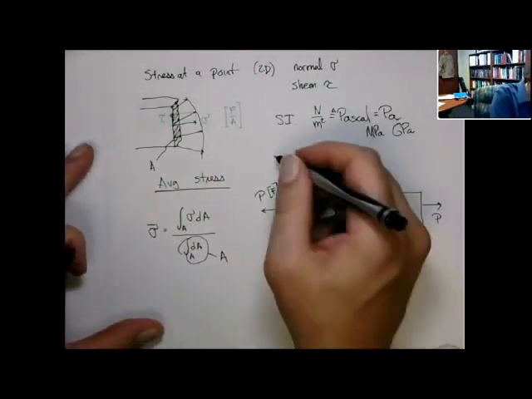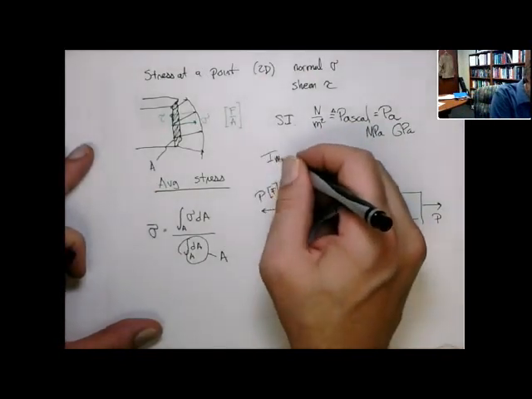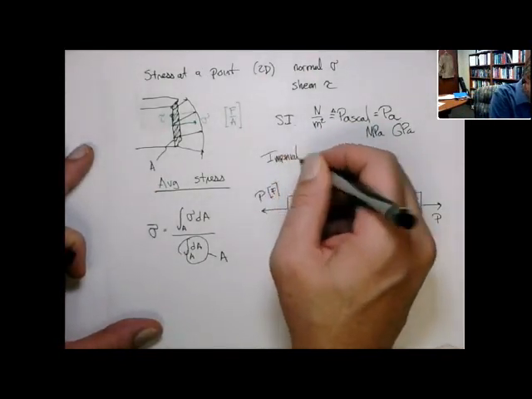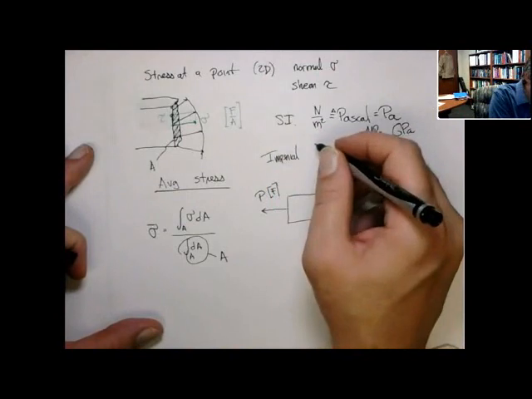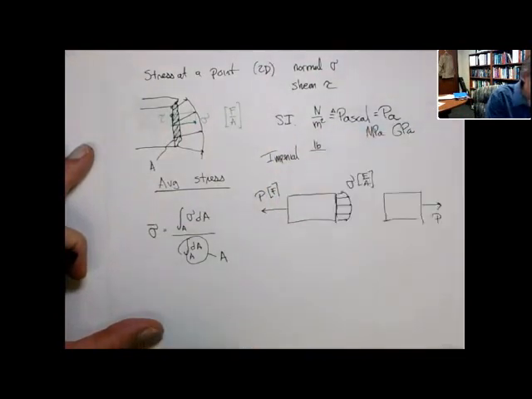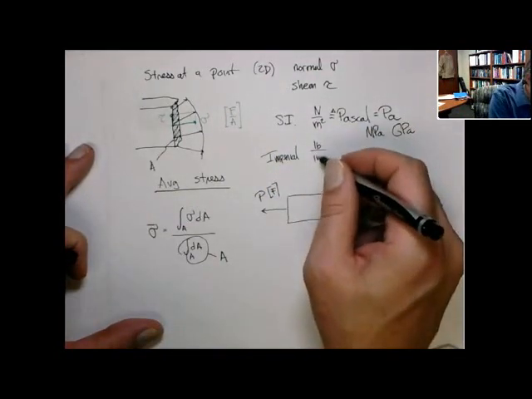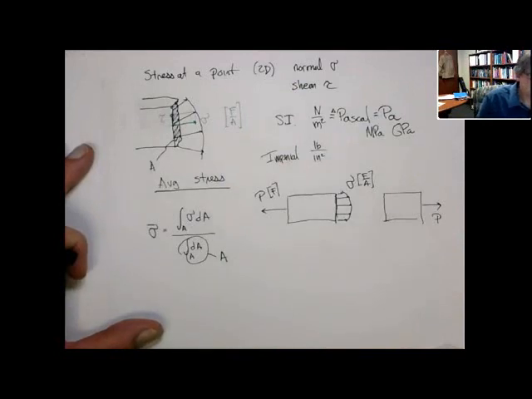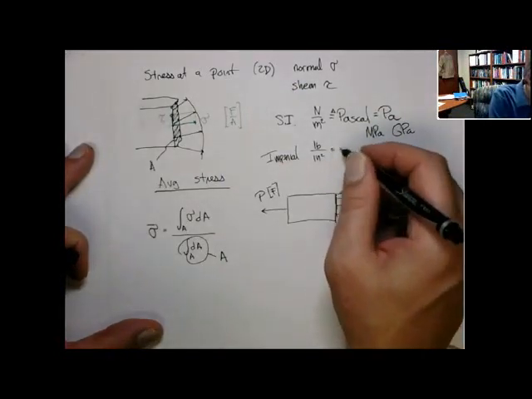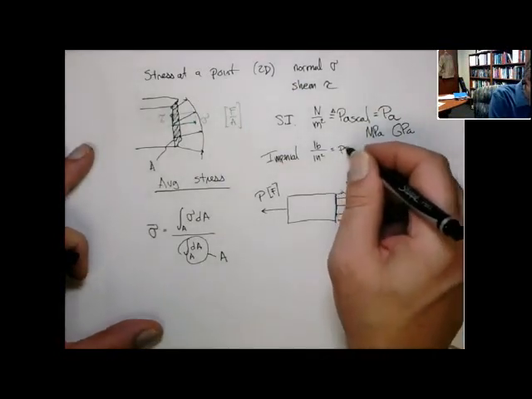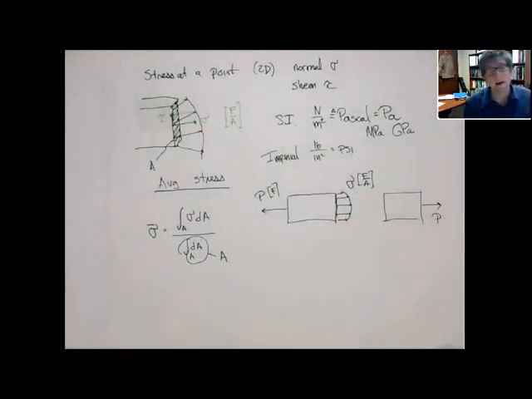In English units or imperial units, the basic unit of force is a pound, and the unit of area is an inch squared. And this is called pound per square inch, or PSI. Now, a pound per square inch is a lot more than a Pascal. It's more than 1,000 Pascals per PSI, because I'm talking about 1 pound on an inch squared instead of on a meter squared.